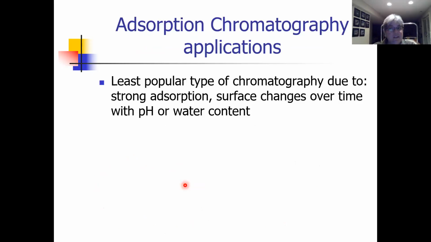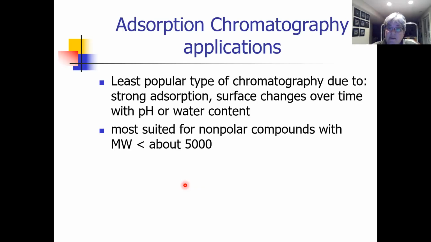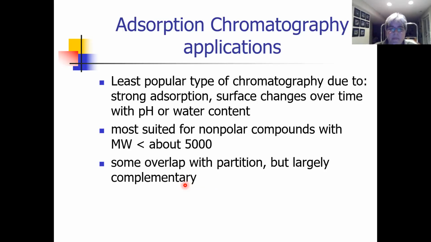So this is the least popular type of chromatography. Part of the problem is those stationary phases change over time as they become exposed to water or pH. It ruins the stationary phases. Okay, so as I already said, non-polar compounds, molecular weights less than 5,000.